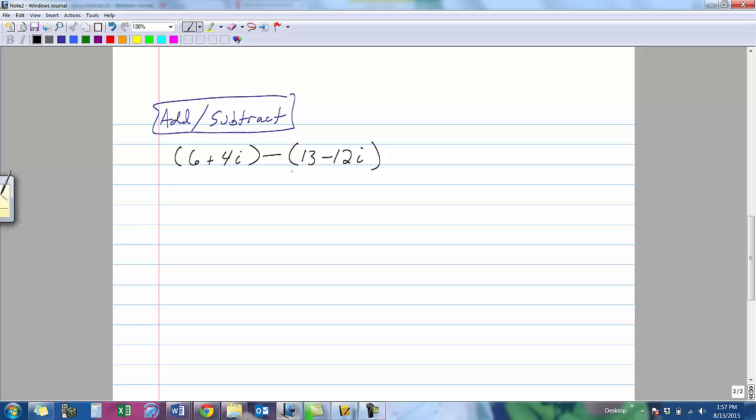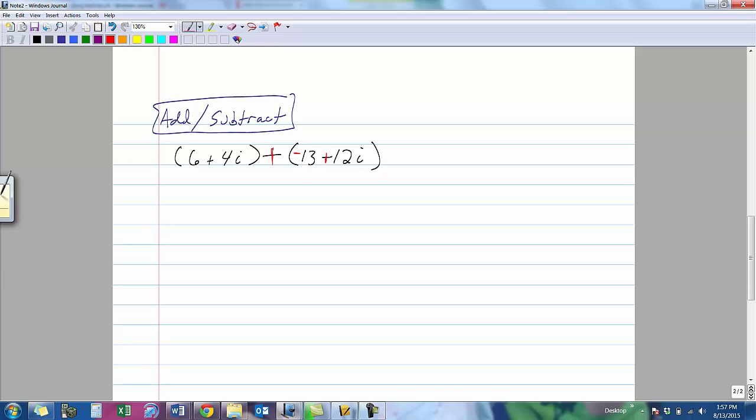If I have a group minus a group, I'm going to change this minus to plus. That's how I roll. But if I change this to plus, I have to change the signs inside here, right? So this would be negative, positive, the opposite of each one. So now it's 6 plus 4i plus negative 13 plus 12i.